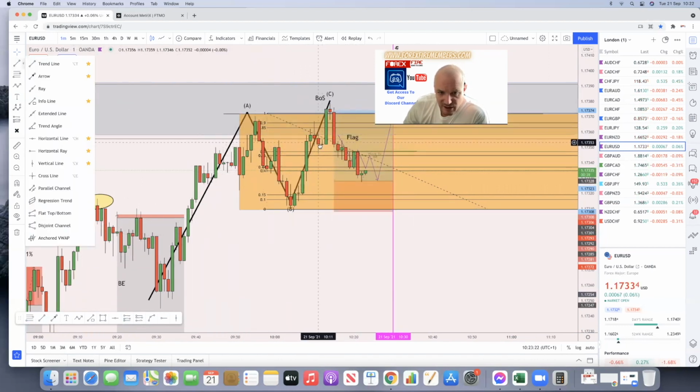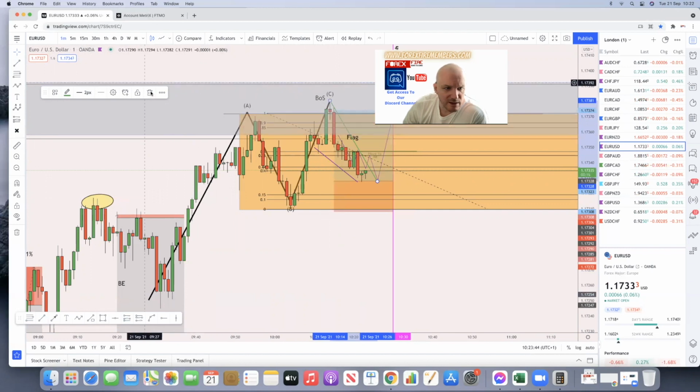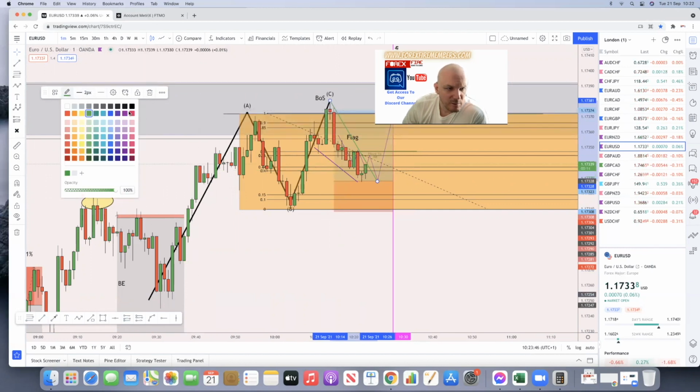So as you can see, we are flagging back down into the area. Let me get this purple.